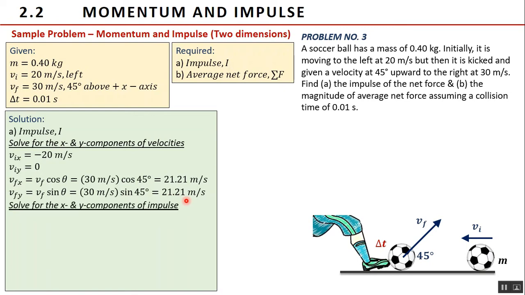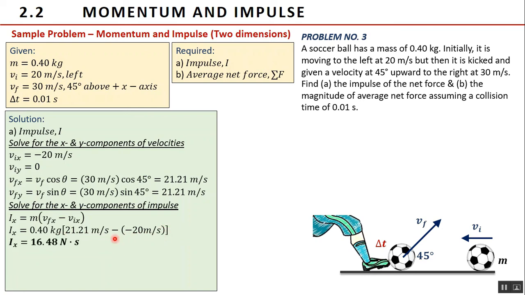After this, we're ready to solve the x and y components of impulse, I sub x and I sub y, by using impulse momentum theorem. I sub x is mass m, times the change in x components of the velocity, v sub fx minus v sub ix. Substituting the values, 0.4 times the difference of 21.21 and -20.